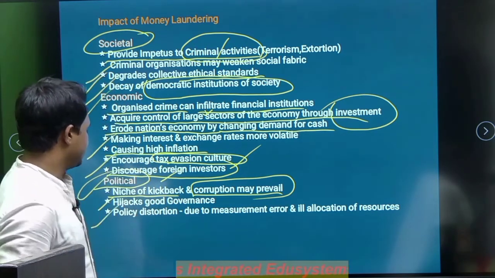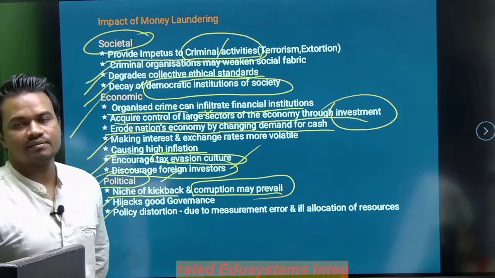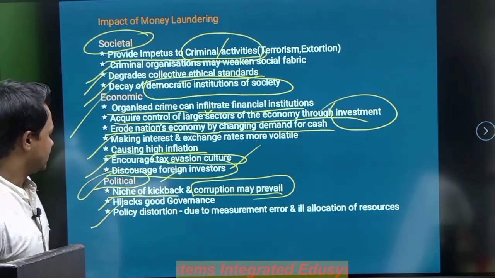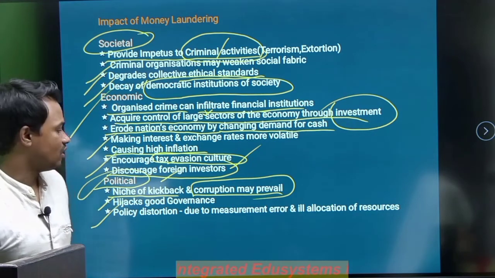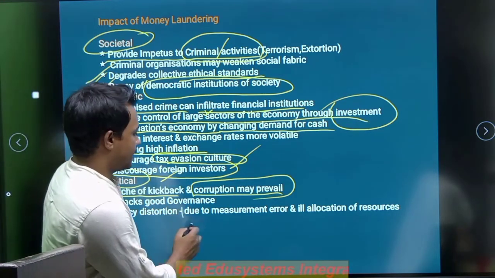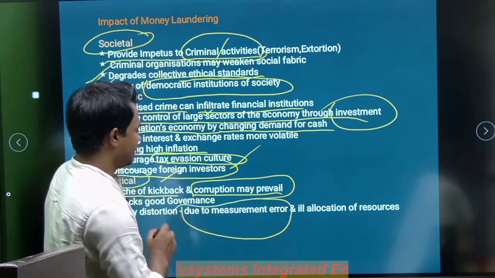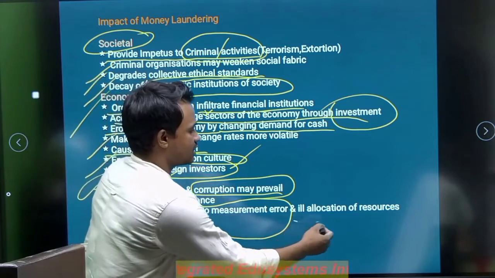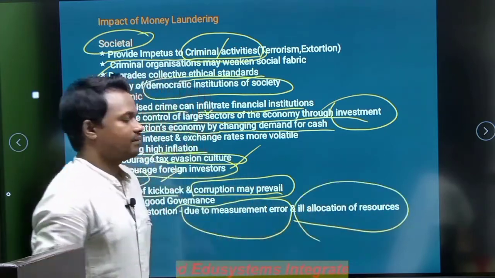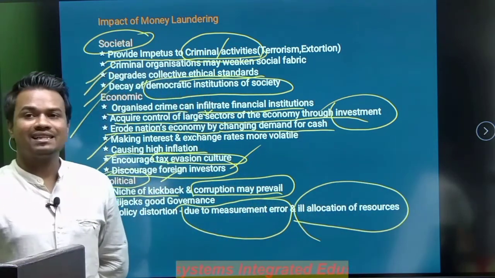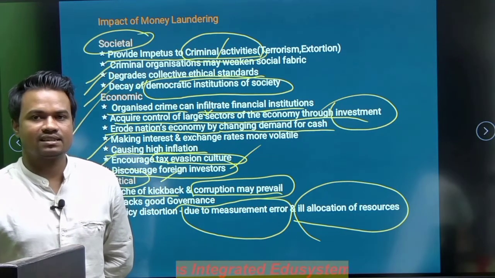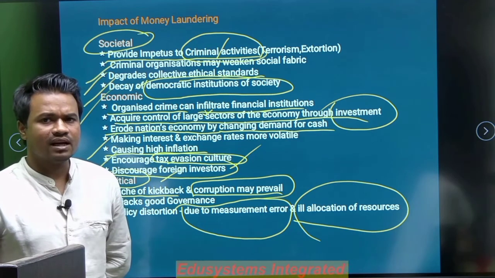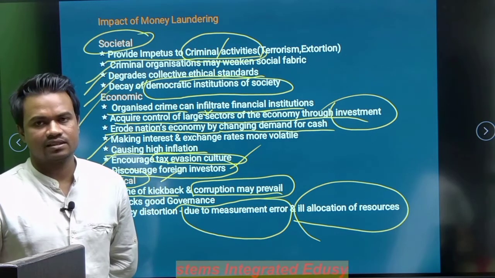And the very important last thing about the political aspect of money laundering is policy distortion. Due to an inaccurate picture of the field, or due to measurement error, ill allocation of resources can be the issue, because if money is circulated illegally, entering the economy through undeclared or unaccounted means, that is money laundering.